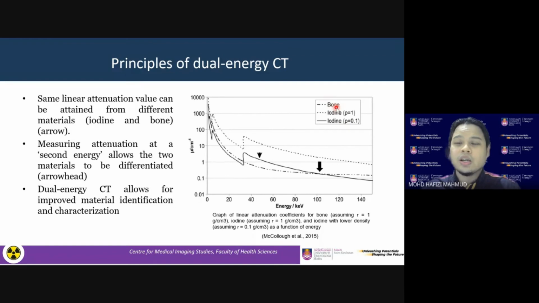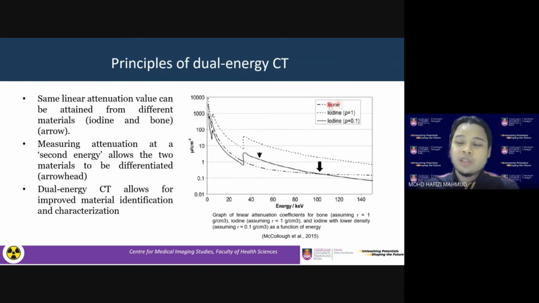We have three different materials here. If you look at this, the same linear attenuation can be attained from different materials. Basically, different materials will have different attenuation. This attenuation is actually based on the tissue atomic number and also the tissue density. For example, based on this graph, we have the iodine and bone.